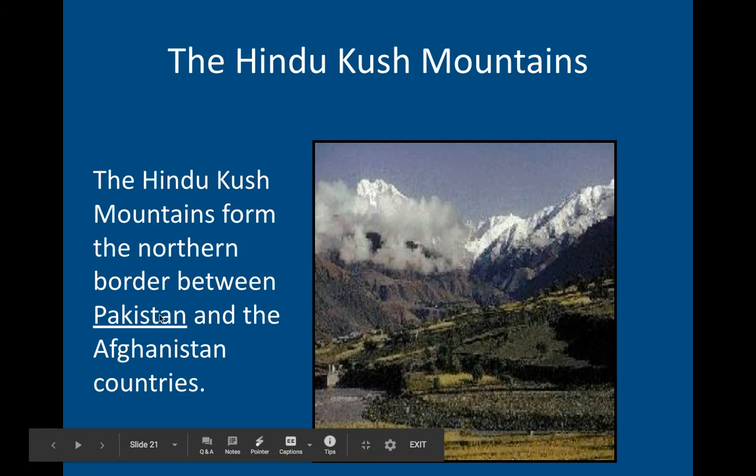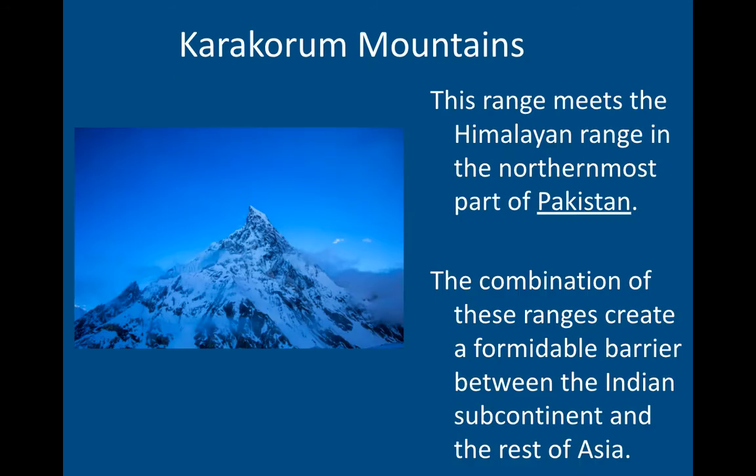Okay, then you have the Hindu Kush Mountains. Hindu Kush Mountains are in Pakistan, so in Pakistan on your box, put Hindu Kush Mountains. They kind of form a border between Pakistan and Afghanistan, which we talked about Afghanistan in the last unit, but it's on the left side of Pakistan there. Then on the very top part of Pakistan, you have the Karakoram Mountains, and these are in the northern part of Pakistan, and they kind of meet up with the Himalayan mountains.